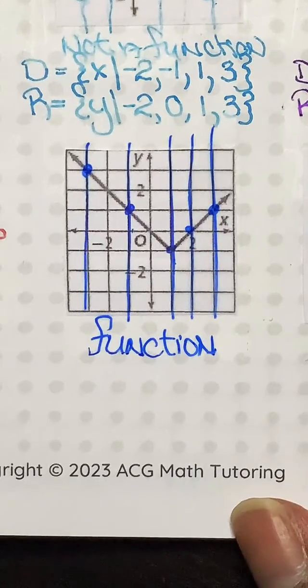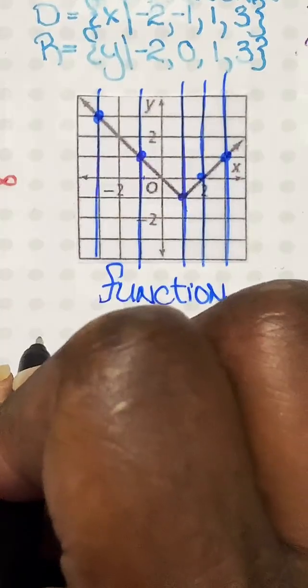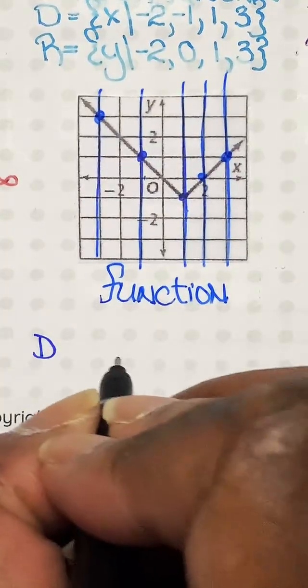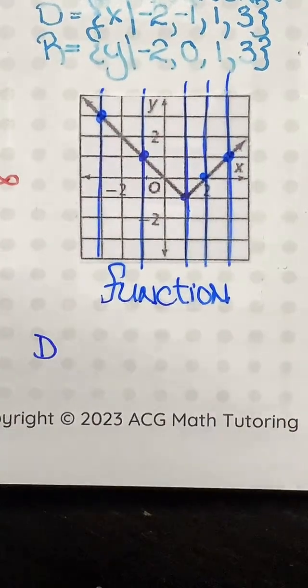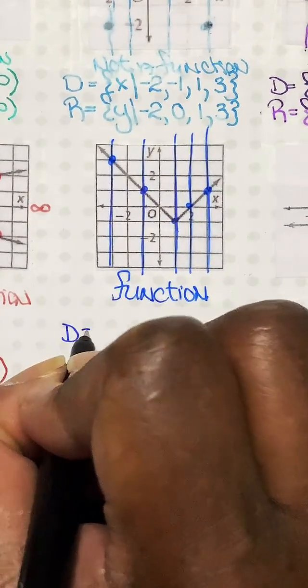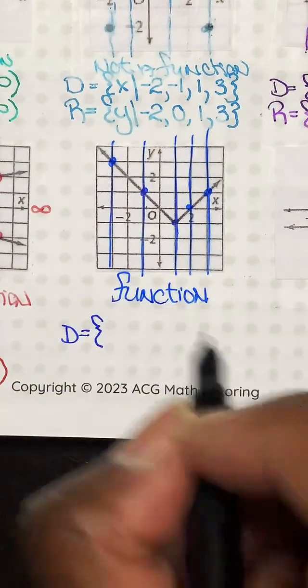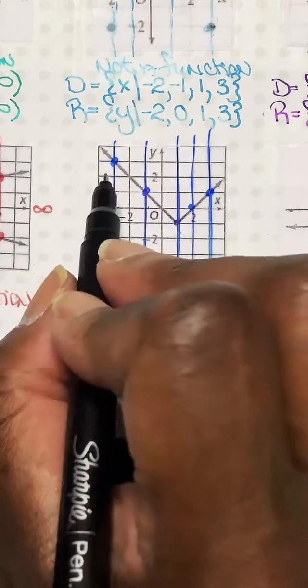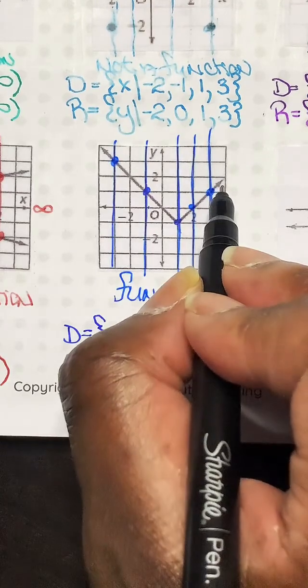Now for us to look at the domain and the range. Our domain, we're going to list, and since it's continuous, there's an arrowhead, there's an arrowhead.